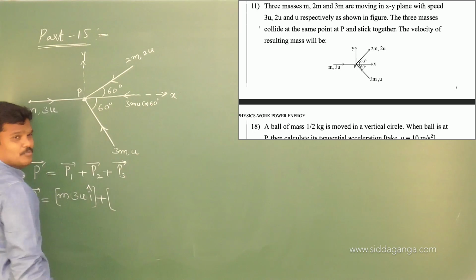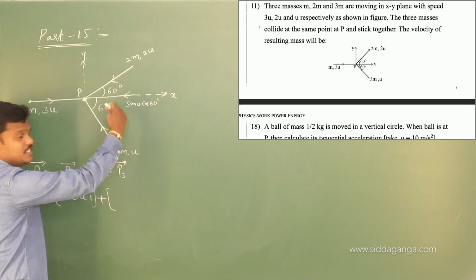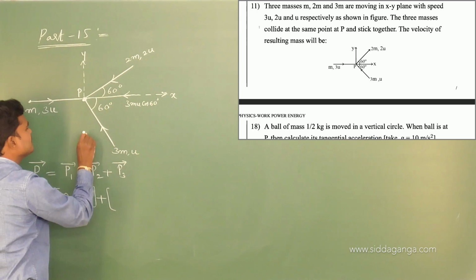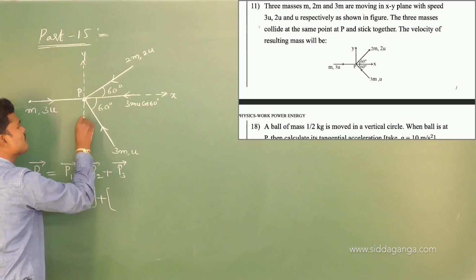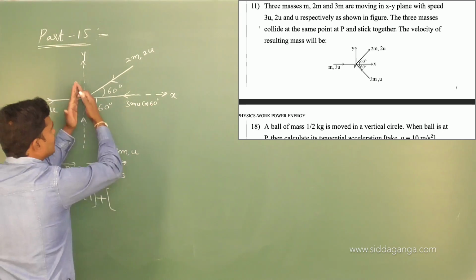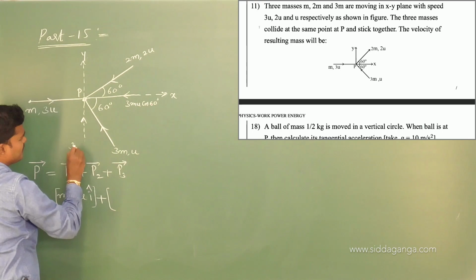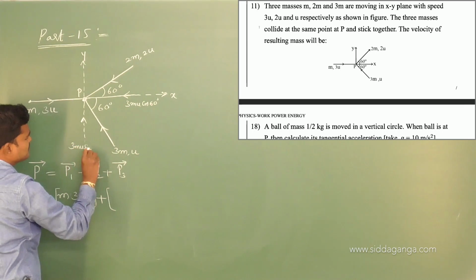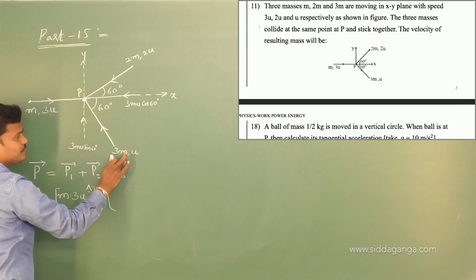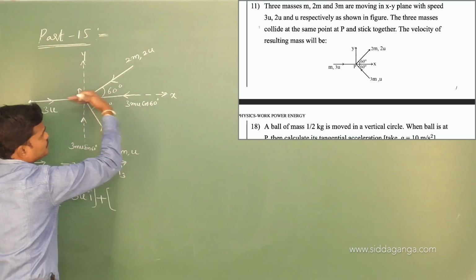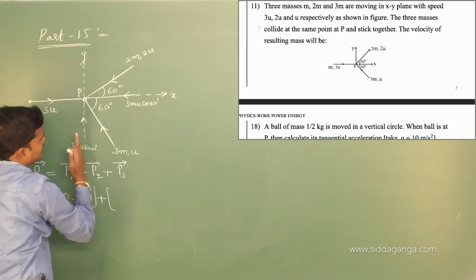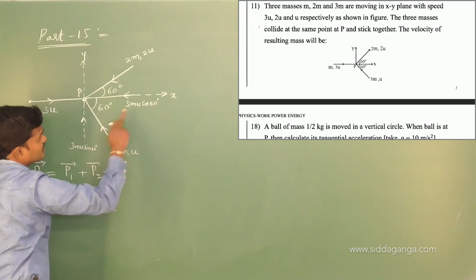You know how to resolve the components. And one more component is like this, because see the arrow mark, how I am drawing. What is this component? 3mu sin 60.